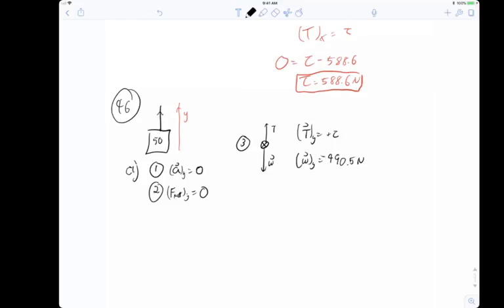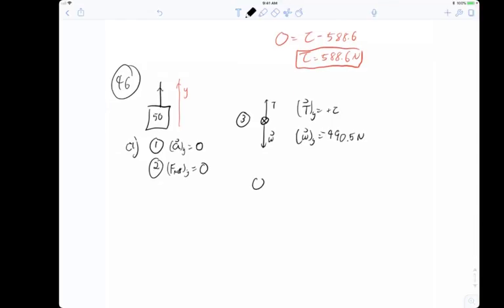Now we put it all together. Net force is equal to the tension plus gravity. So the tension has to be 490.5 newtons.